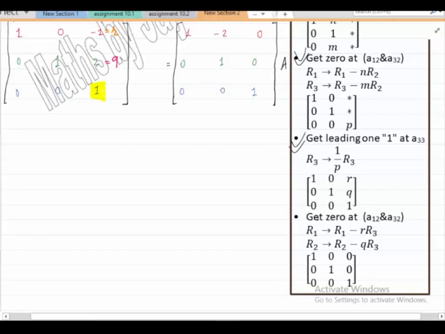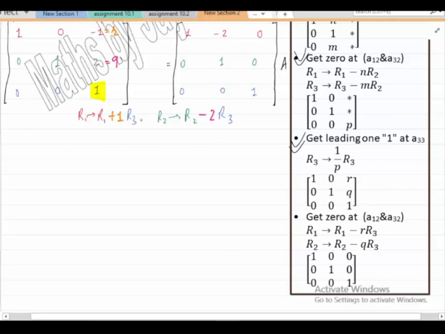So we can easily get the 0 at A12 and A32 by the process R1 gives R1 minus R3, or we can say minus 1 will become plus 1 R3, and R2 gives R2 minus 2 R3, right?